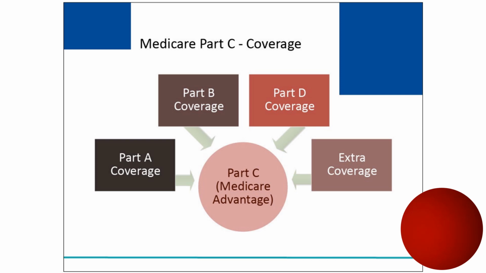Many Medicare Advantage plans include prescription drug coverage. Some plans may offer extra coverage such as vision, hearing, dental, and/or health and wellness programs. Medicare-eligible individuals may join a Medicare Advantage plan if the individual has Medicare Parts A and B, lives in the service area of a particular plan, and has not been medically determined to have ESRD prior to enrollment.